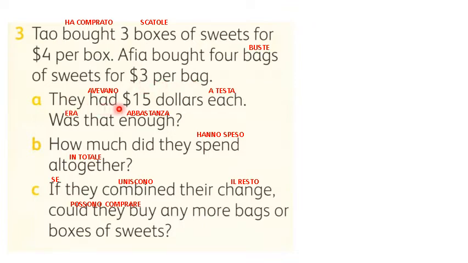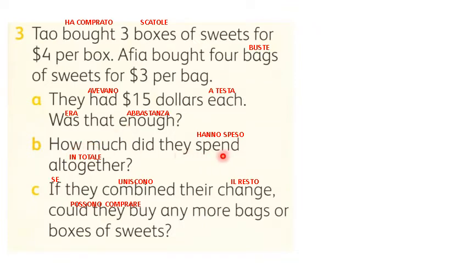They had $15 each. So Tal had $15 and also Afia had $15. Was that enough? So was $15 each enough to buy these boxes of sweets and these bags of sweets?